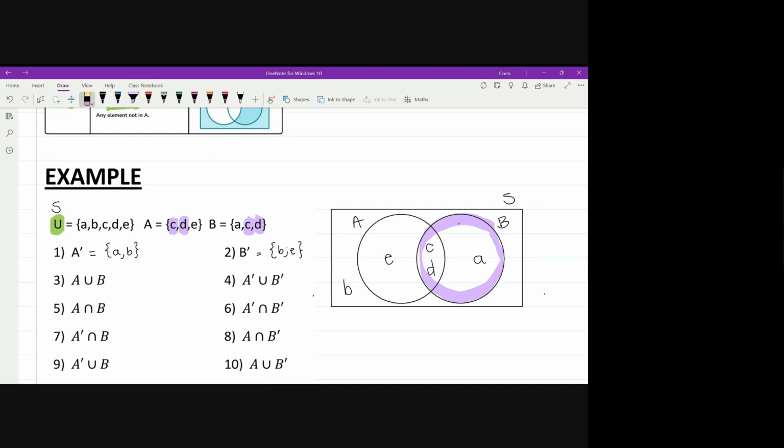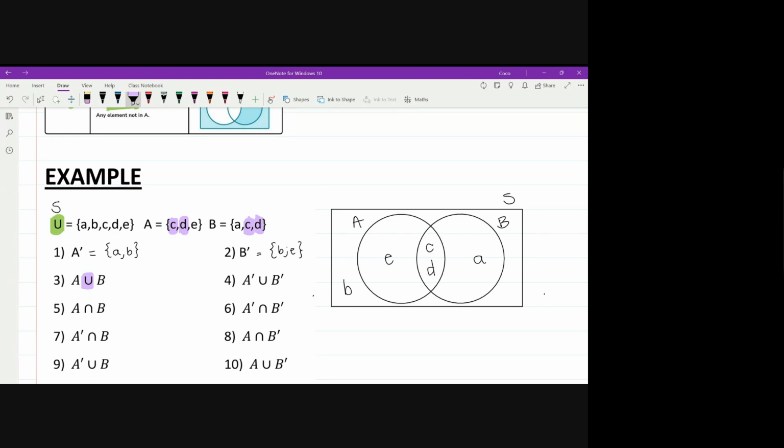Then the next one says A union B. What does the U mean? It means union, absolutely. What does the union tell us?